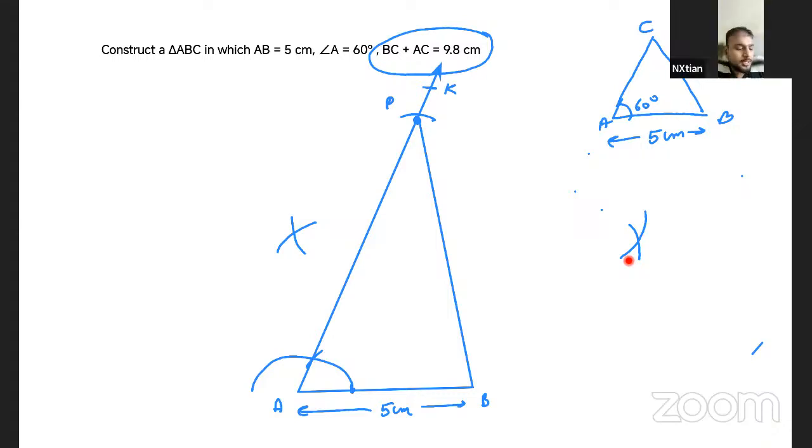Show me a diagram, Jigal. Okay, the right side is good, but on the left side you have to make it till around here, not downward. Then only it will meet.